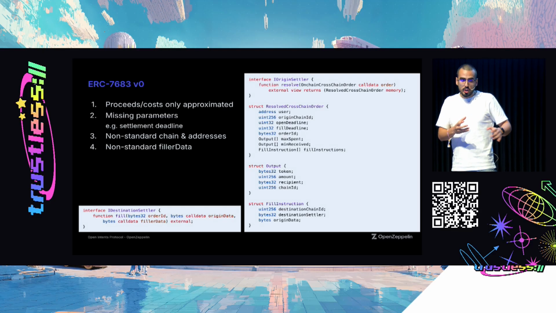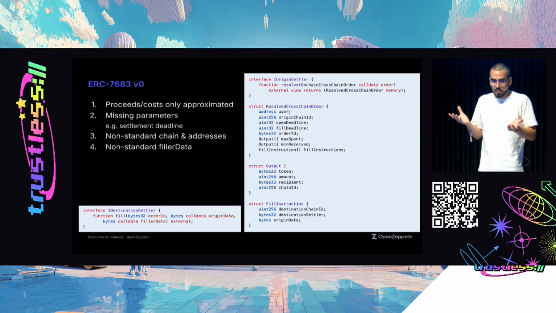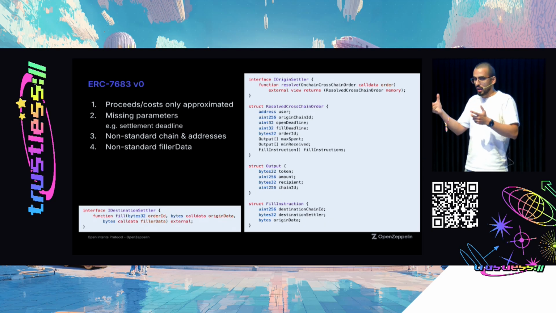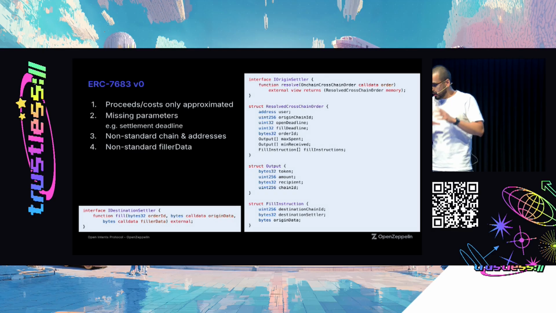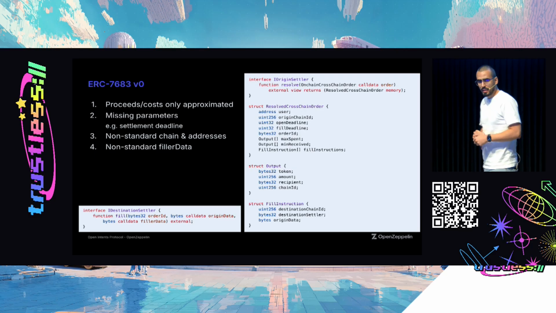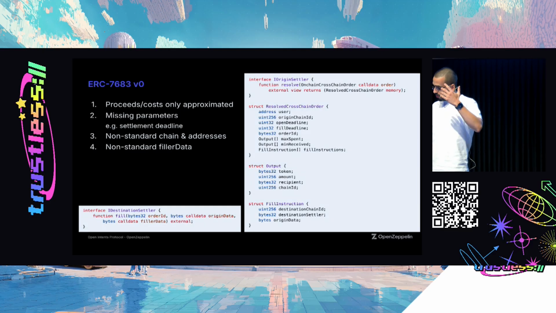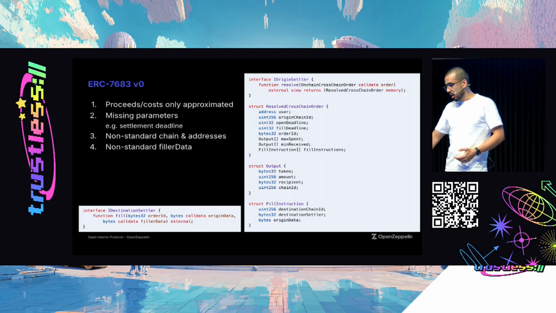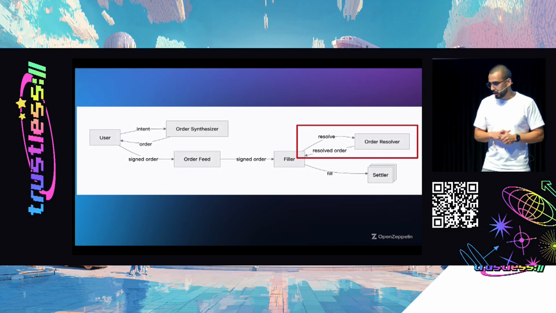It's usually used to put the address where the filler wants to receive funds, but some protocol might want some other thing, and nowhere does this interface say how to actually do that. So these were most of the problems that we saw. And that's what motivated us going towards an iteration of the ERC that we are calling V1.